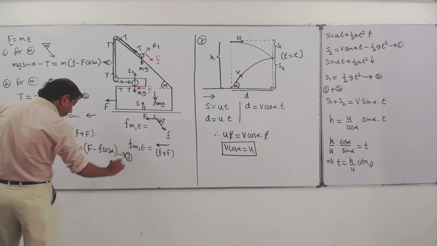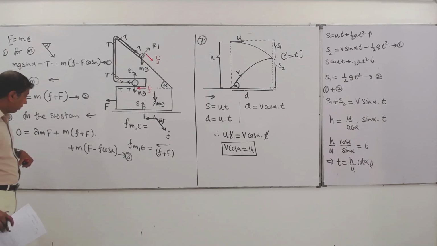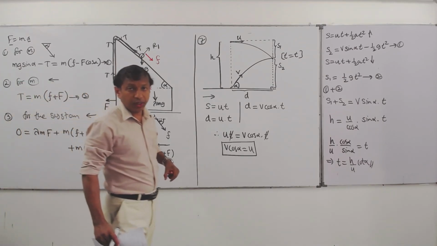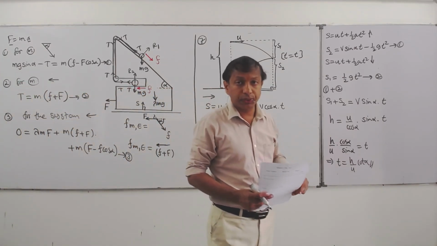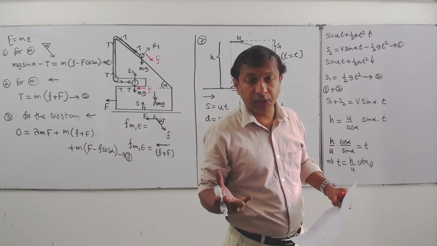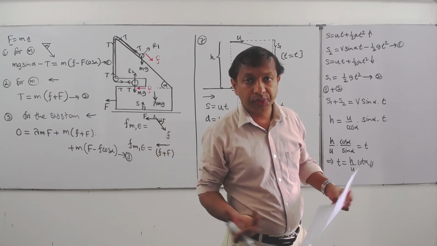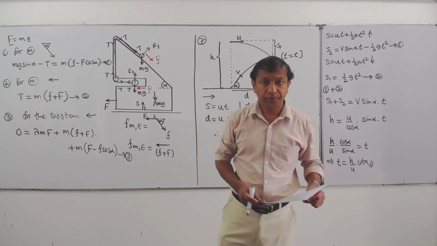Number 3, right. People, among these 3 equations, see how many unknowns there are: T, small f, capital F. The 3 equations involve only 3 unknowns. Then by solving them, we can find T. Right.